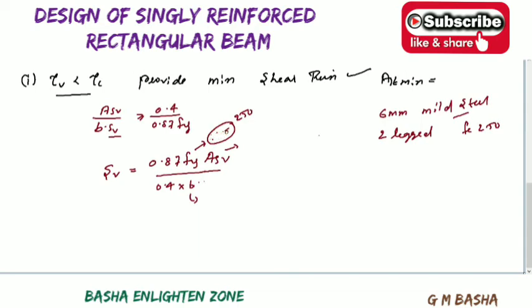So mild steel, that is 250. And what about this Asv? So this is 2 bars of 6 mm dia. Therefore 2 into pi d square by 4.